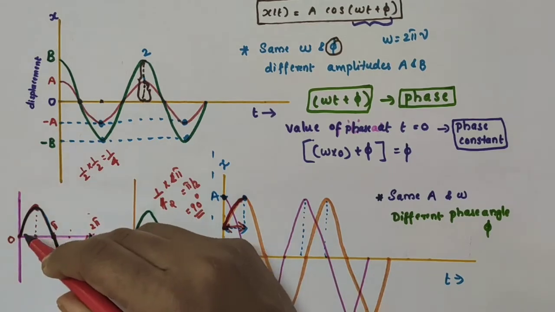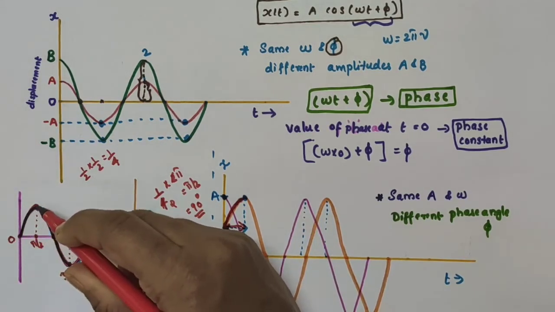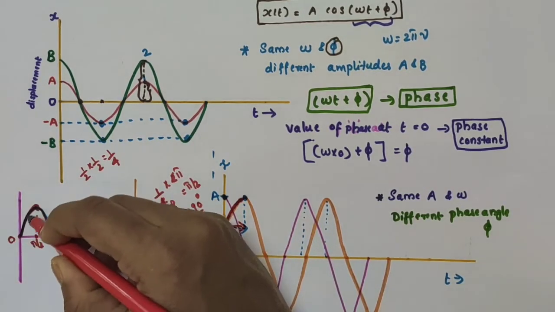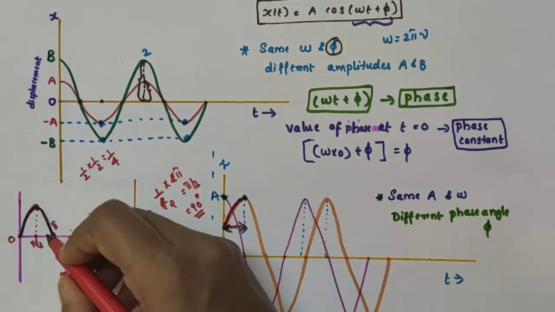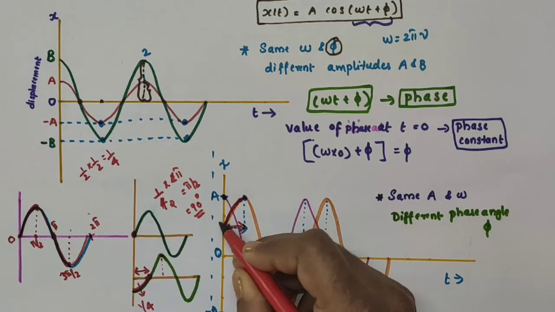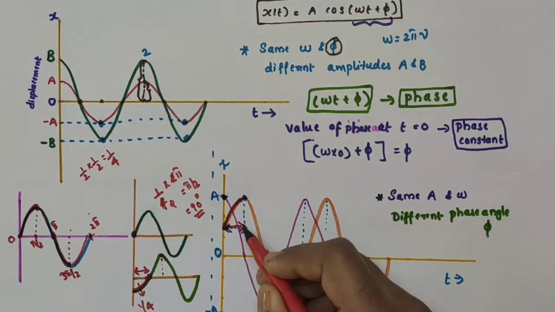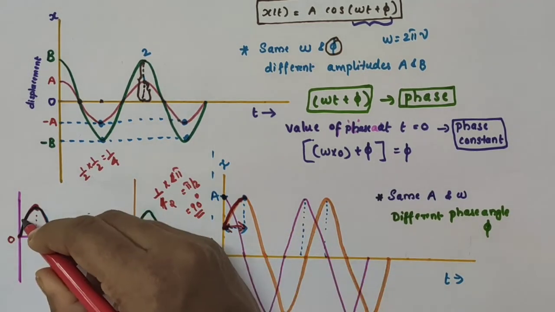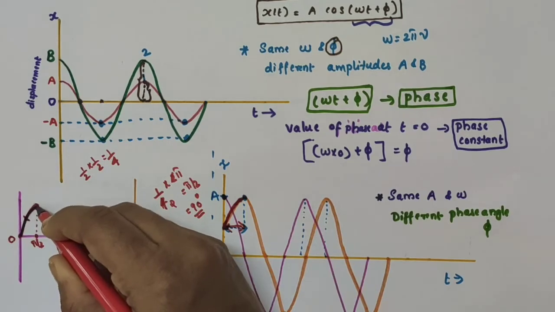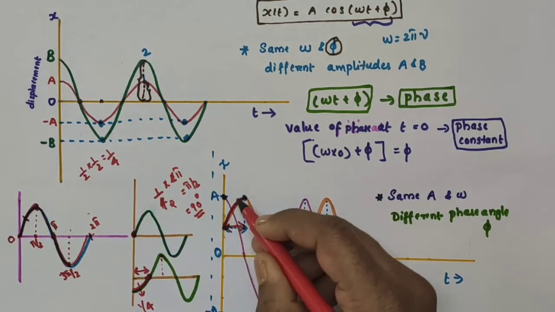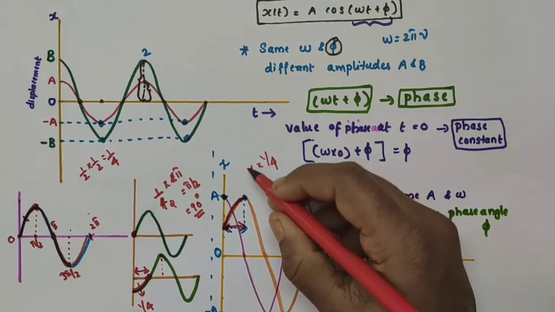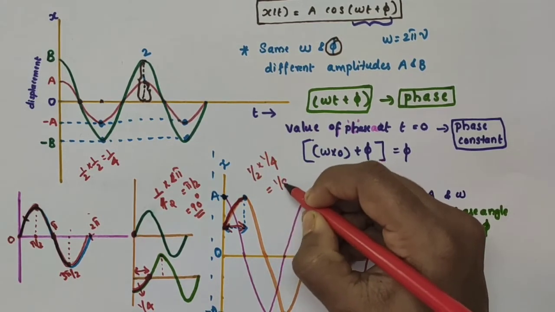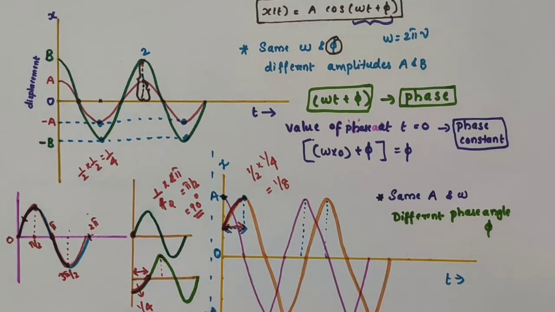Then when we consider this portion, this is a half wave. When we consider this portion, this is 1 by 4th of a full wave. Then you see this part is not here, it starts from somewhere here like that. So here we have only half of 1 by 4th of a wave, which means 1 by 8th of a full wave.